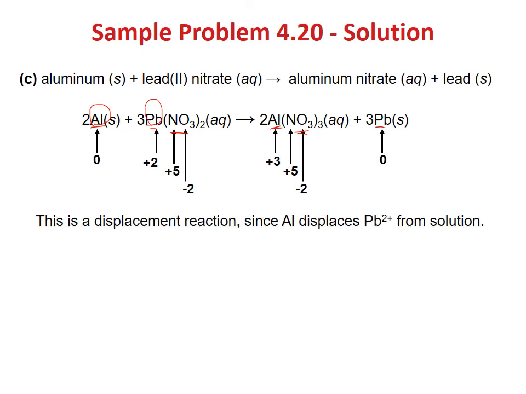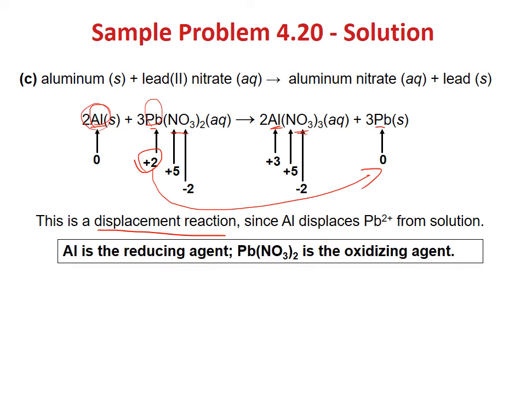So the reaction must be a displacement reaction. Lead changes oxidation number from +2 to 0. So it decreases oxidation number, and therefore it's reduced. Lead is reduced. Aluminum is the reducing agent, and lead nitrate is the oxidizing agent.